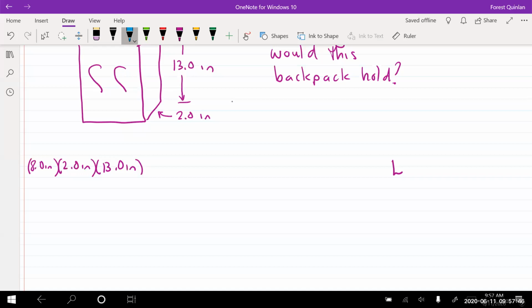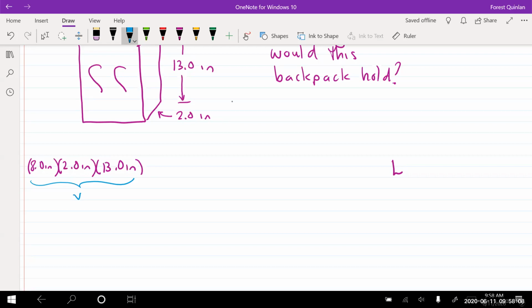This right here is my volume. And I'm doing this on purpose because I have to get from cubic inches to liters. And I'm pretty sure no one in this room has that conversion rolling off the tip of their tongue, because I don't, and I've been doing this a while.